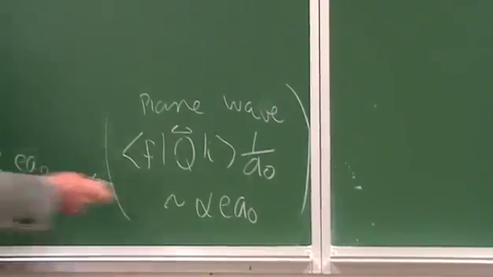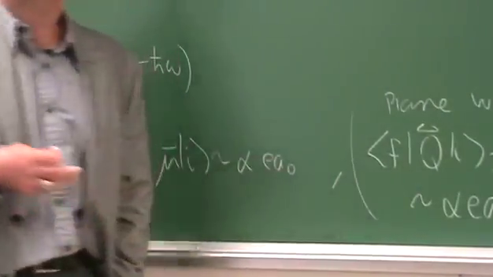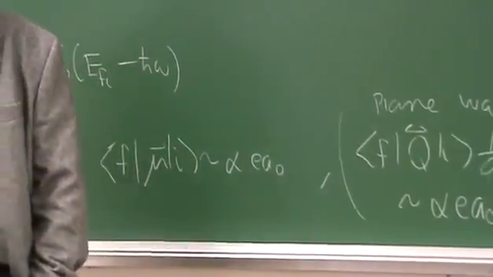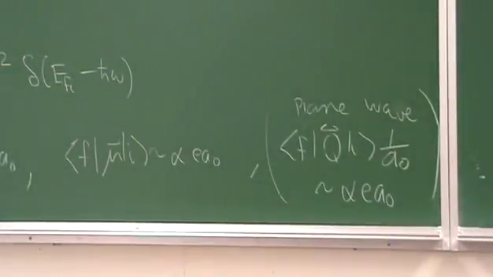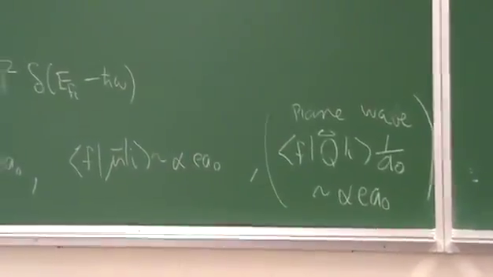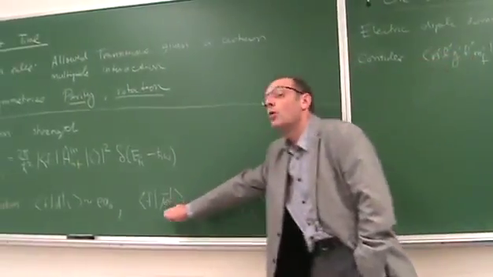So that combination has the same scaling as the magnetic dipole. This is the electric quadrupole moment. So for electric quadrupole, if I have a plane wave incident on my atom, then the strength of the interaction of electric quadrupole is on the same order.